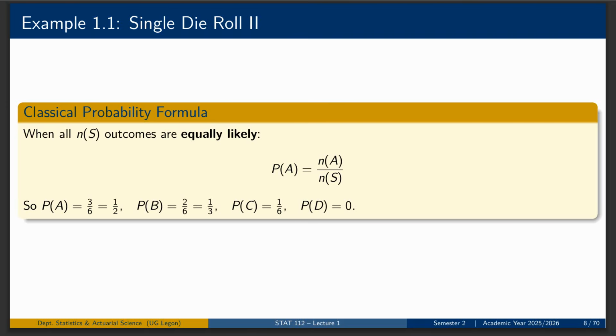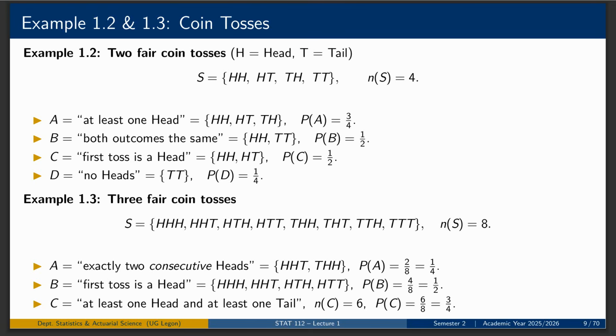So when you are tossing a coin or a die and we say it is fair, then it means that 1, 2, 3 up to 6, each of them has an equal chance of showing up. If it is a coin, then head and tail have equal chance of showing up.